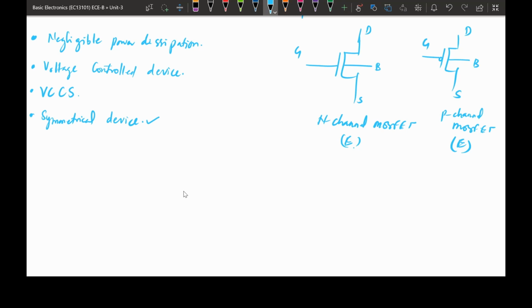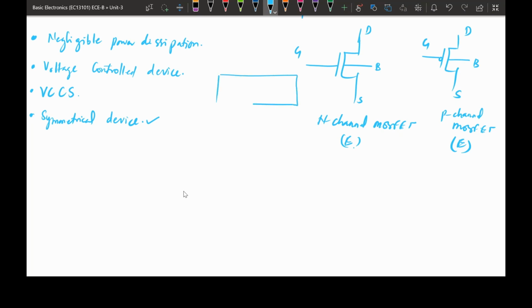But BJT is not a symmetrical device. We cannot use the collector and emitter interchangeably, because the emitter and collector have different doping concentrations, and these two also have different widths or areas. The emitter has less area and the collector has higher area.